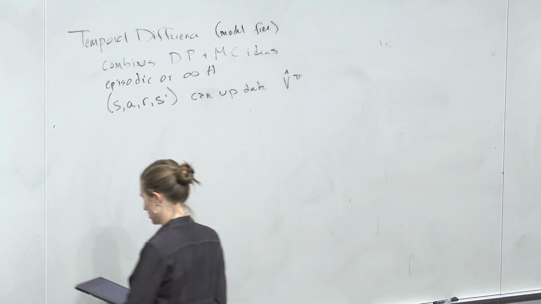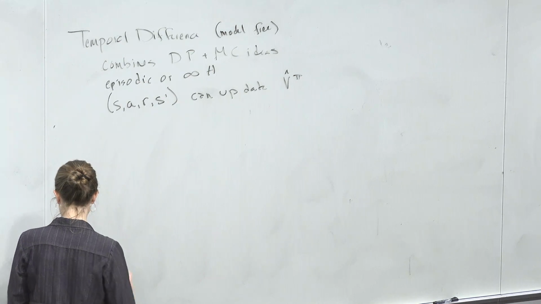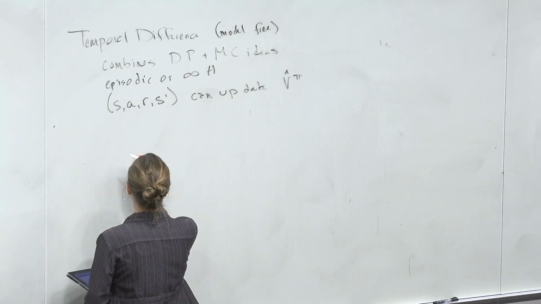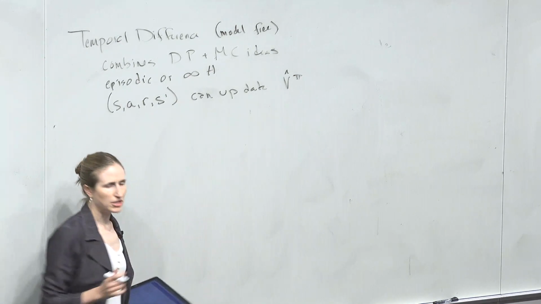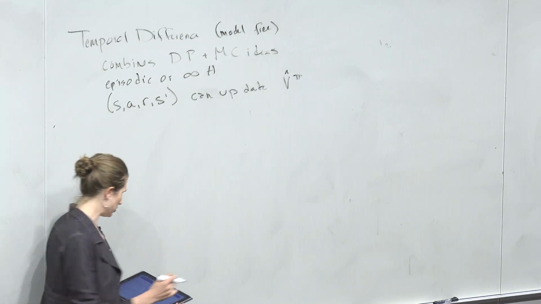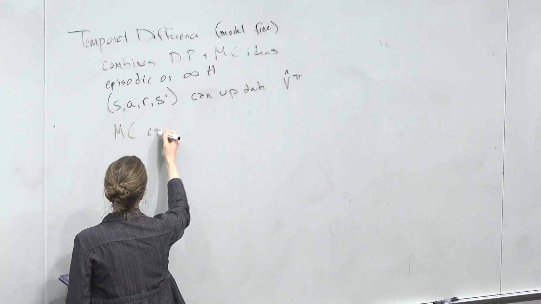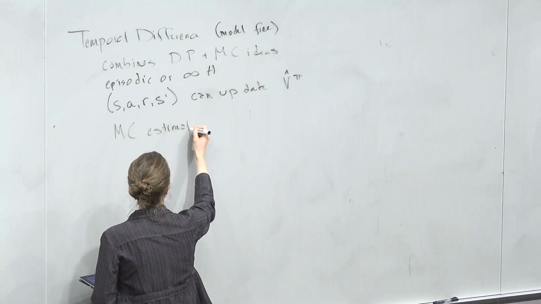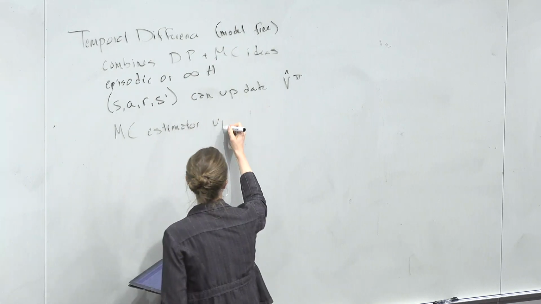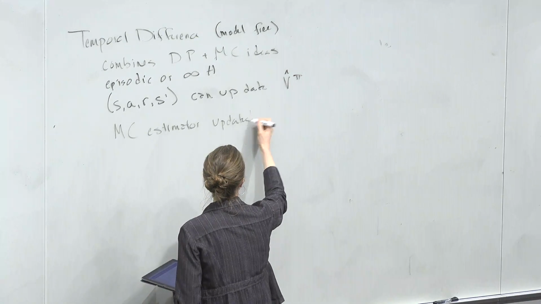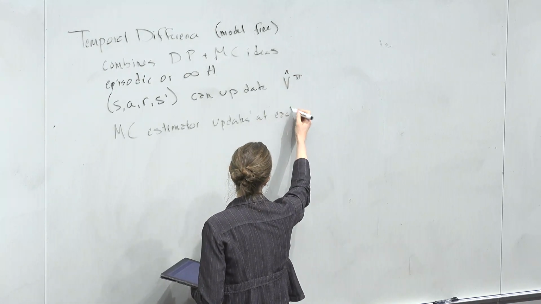So what we could do is, let me first write what we would see for a Monte Carlo estimator that is a running average. So let's think of a Monte Carlo estimator that updates at each S0.